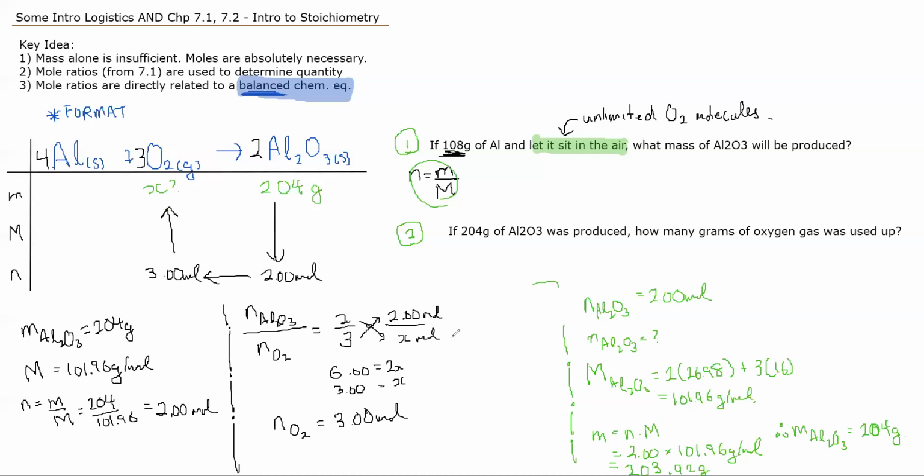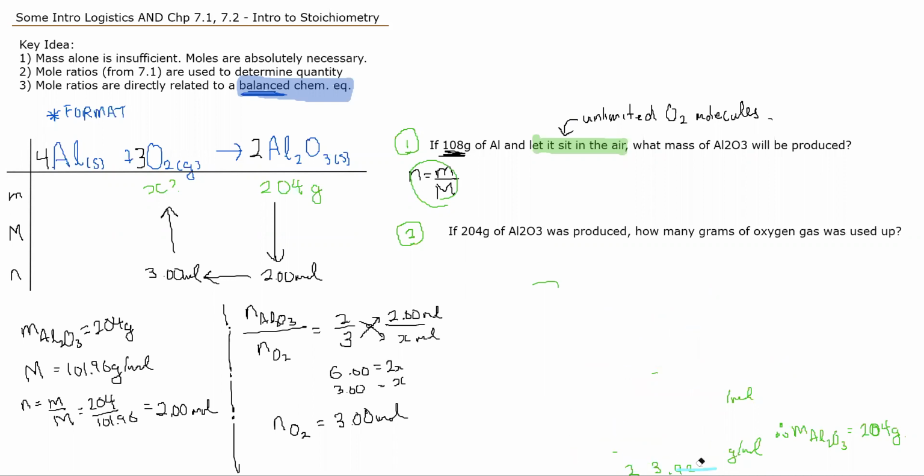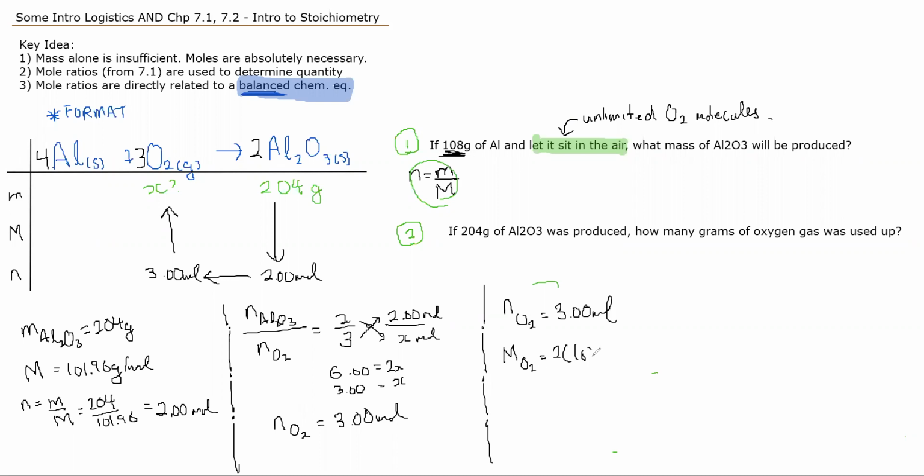That's the last step. Let us go ahead and calculate how many grams of oxygen were used. Number of moles of oxygen is 3.00 moles. The molar mass of oxygen gas is going to be 2 times oxygen, so that's 32 grams per mole.